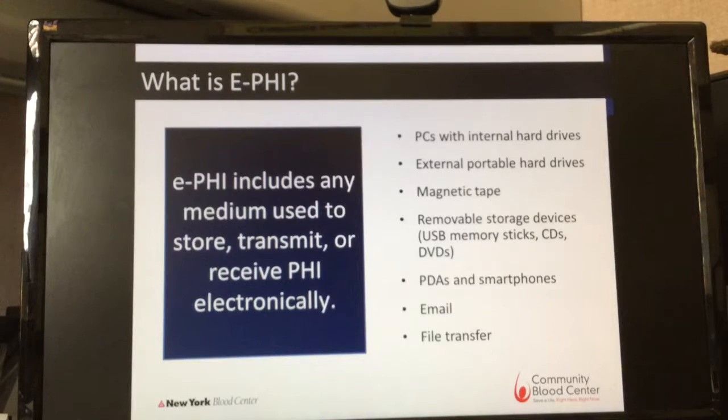A few examples of ePHI include PCs with internal hard drives, external portable hard drives, magnetic tape, removable storage devices such as USB memory sticks, CDs, DVDs, PDAs, and smartphones, email and file transfers.